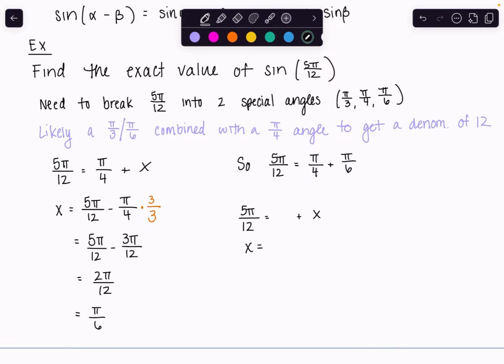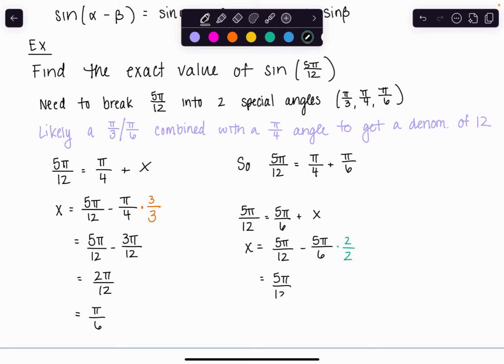So maybe I wanted it to be, let's say, 5 pi over 6. Okay. I know how to evaluate sine and cosine of 5 pi over 6, so let's see if I can write it with this angle. So same thing again, I would go ahead and subtract these two to find the other angle. And then this would need to be multiplied by 2 over 2.